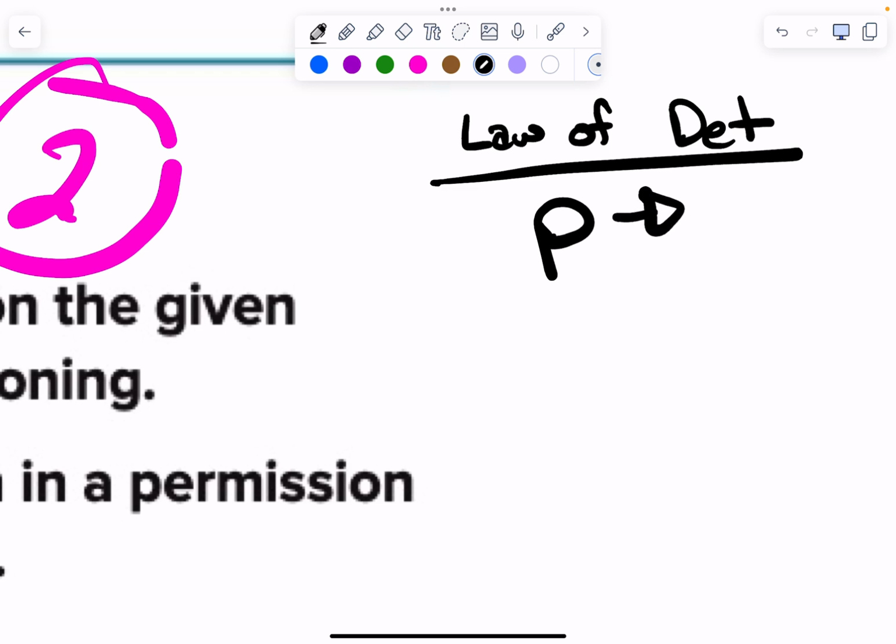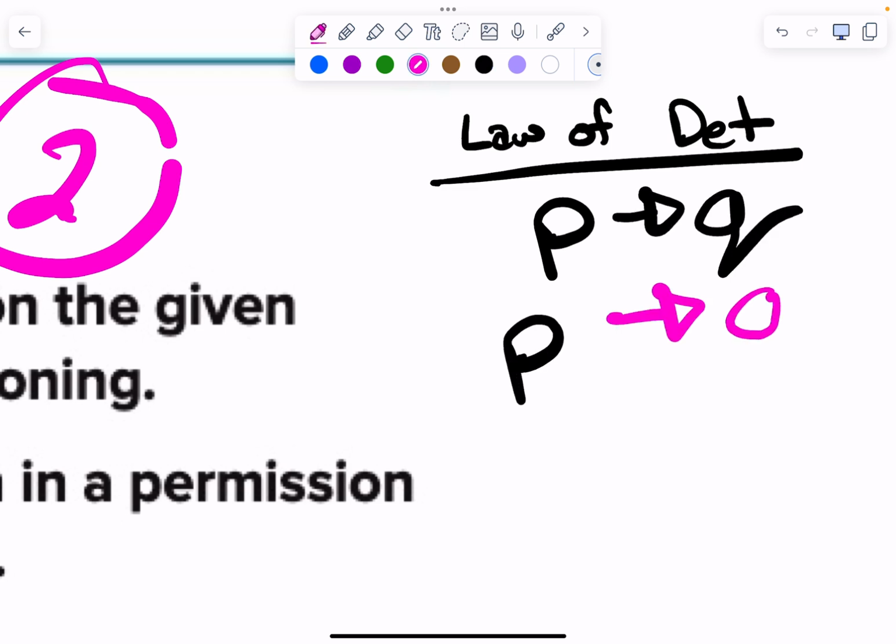P, Q. P, Q. I put the Q in a different color, because sometimes what they'll do is say the Q's leaving. We're leaving. Here's how this works. Statement P. I'm just verbalizing this to you, so let's see if you can figure this out.